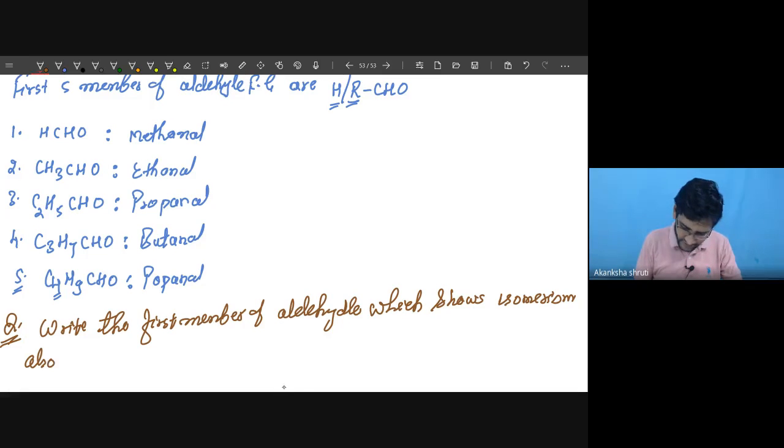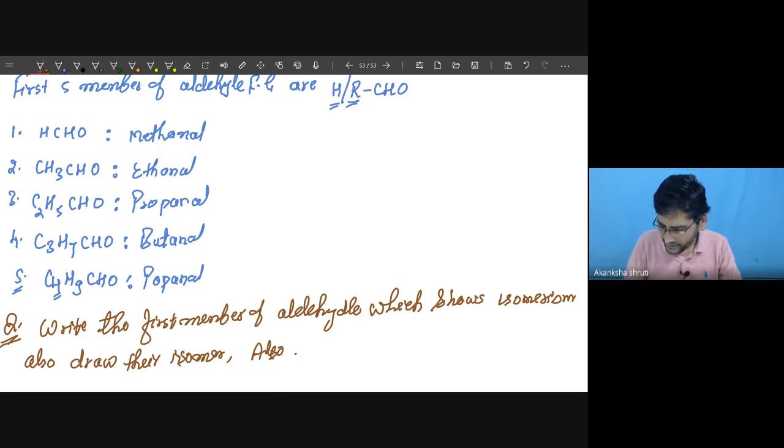Also draw their isomers, also give the functional group. This is the question.